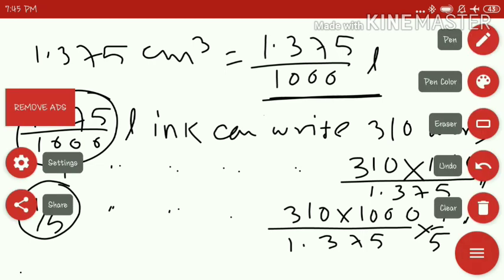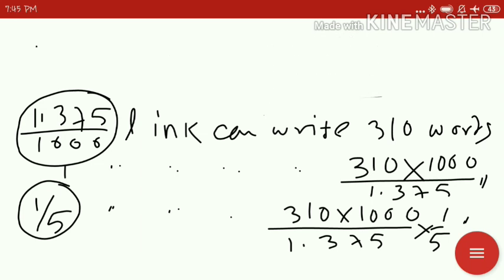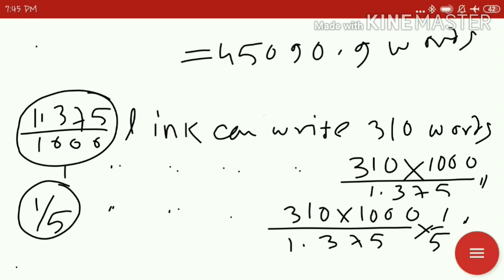Now if you calculate and cancel this thing, you will find out that the value comes as 4590.9 words. Now if I approximate this thing to the nearest 100, before making the assumption as the decimal, it will become 4591 words.